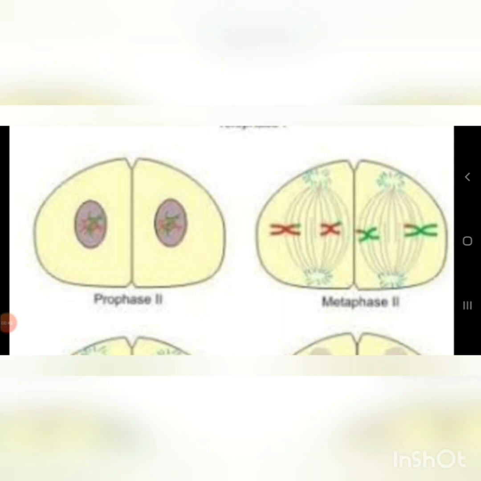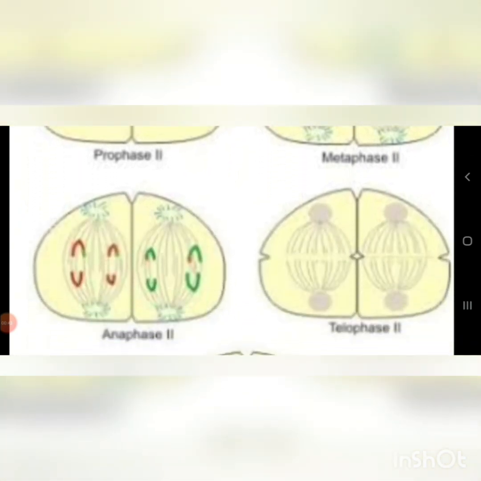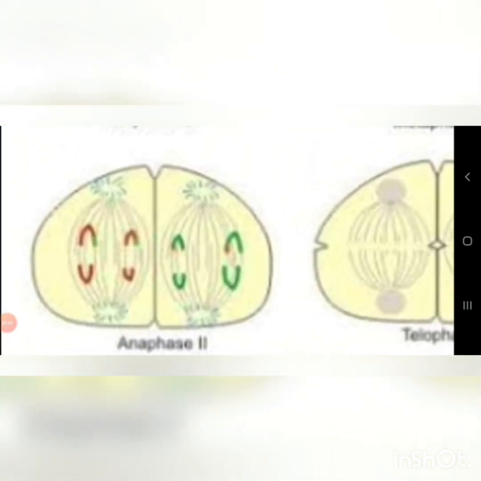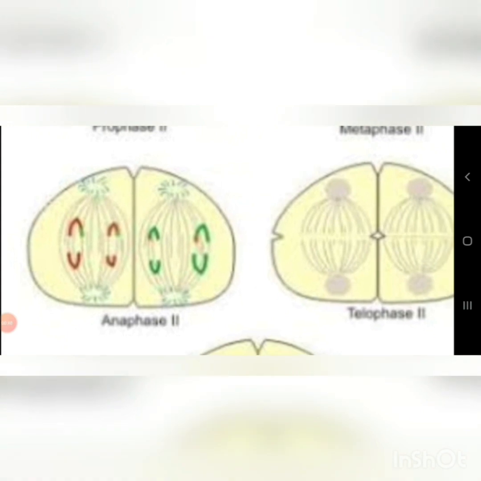The next one is the anaphase 2. Two daughter chromosomes move towards the opposite poles. The next one, telophase 2.